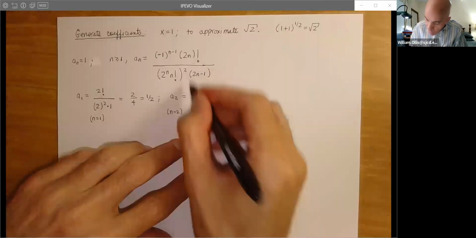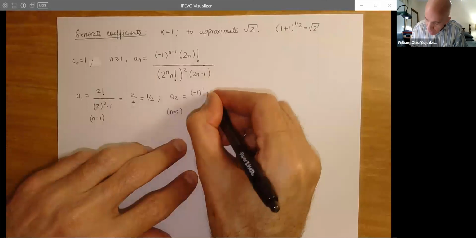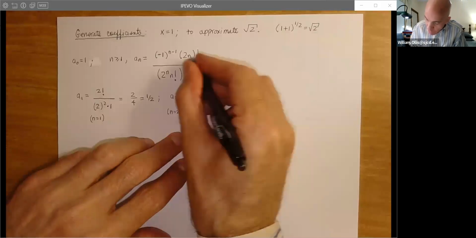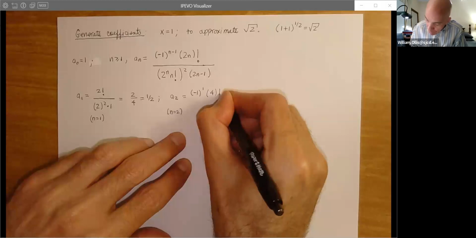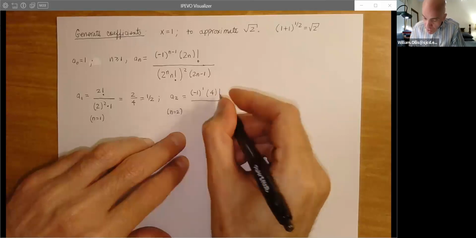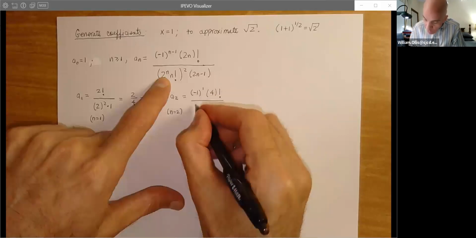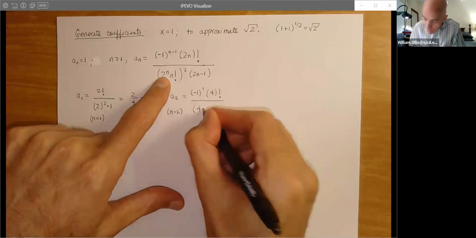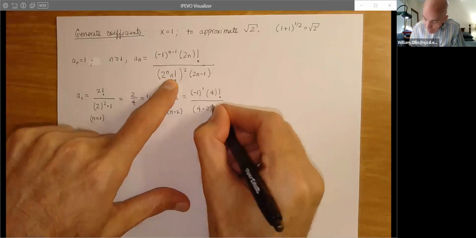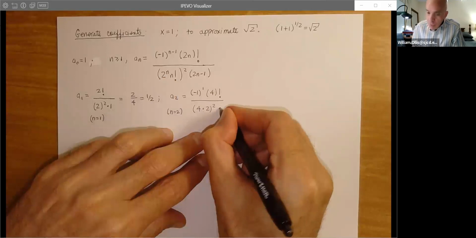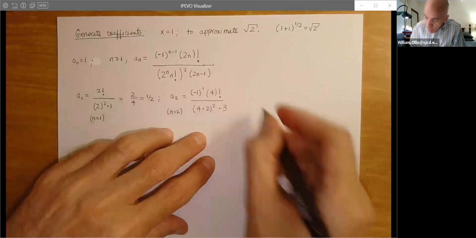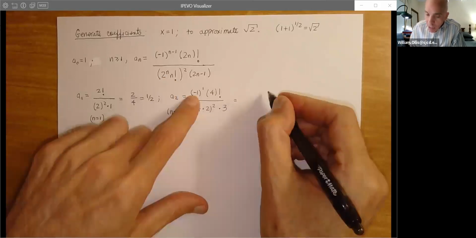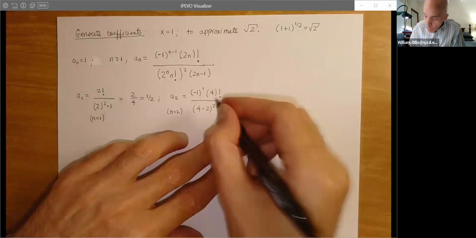So here we get a 1. Here we've got 2 times 2, so that's a 4 factorial. And then of course here too, we get a 4 times a 2 factorial squared, then times a 3. So now we've got the negative. I'll write out some of these and then others I'll just have you verify.